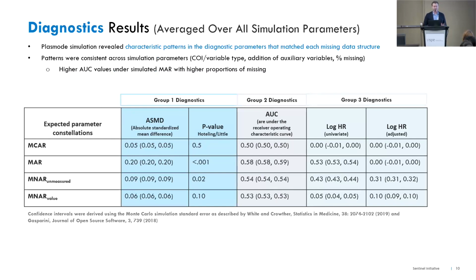So the plasmode simulations revealed quite characteristic patterns across the different group diagnostics and the diagnostic parameters that pretty well matched our assumptions of the underlying missingness data structure.